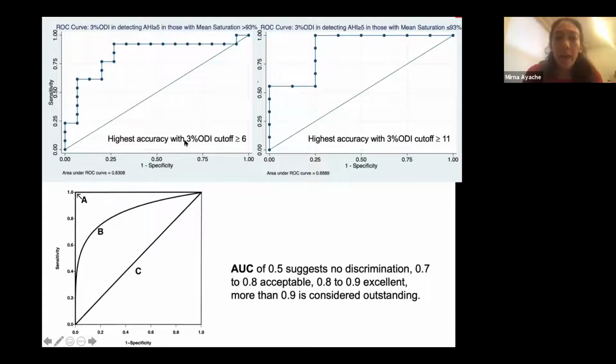And the highest accuracy was with a 3% ODI cutoff of 6 or more for those with the normal mean saturation, whereas the highest accuracy was with a 3% ODI cutoff of 11 or more for those with low mean saturation. So basically, the ODI is going to overestimate the AHI in the patients with low mean saturation.